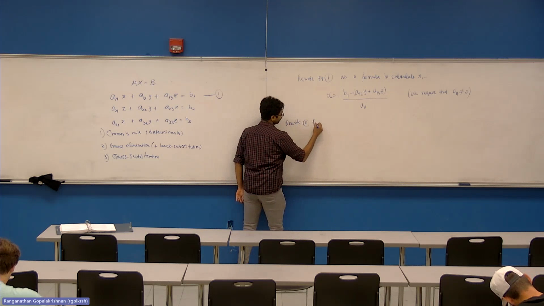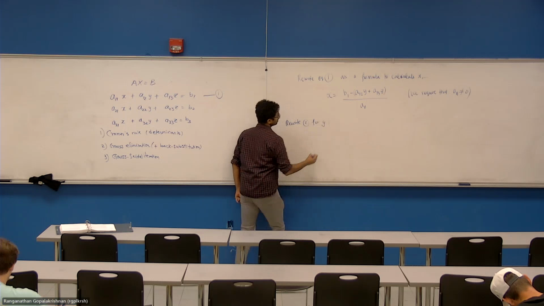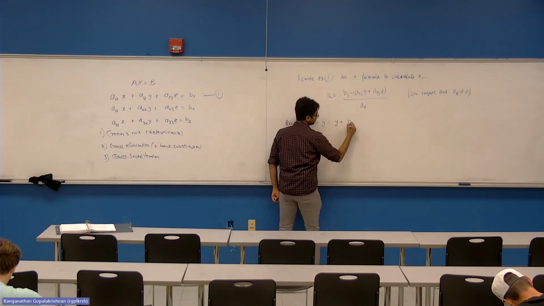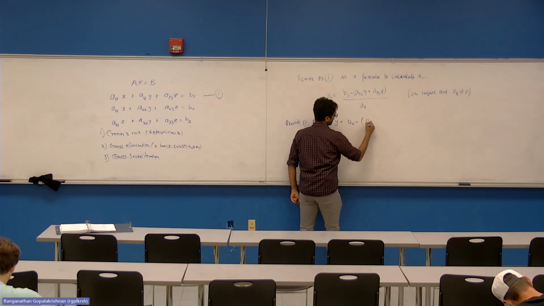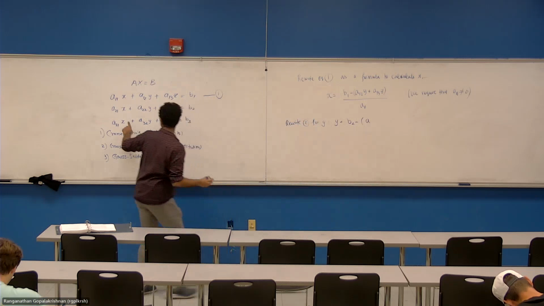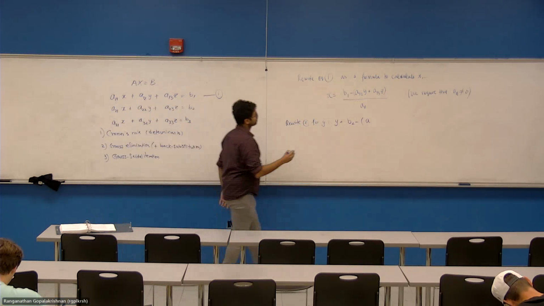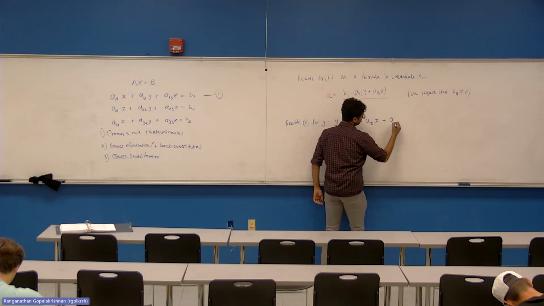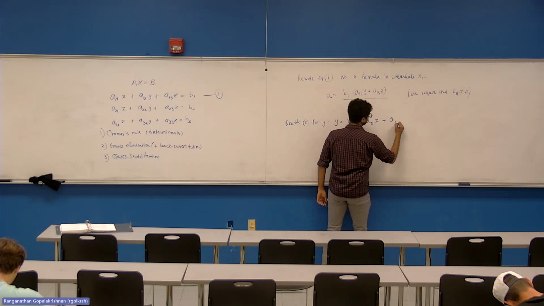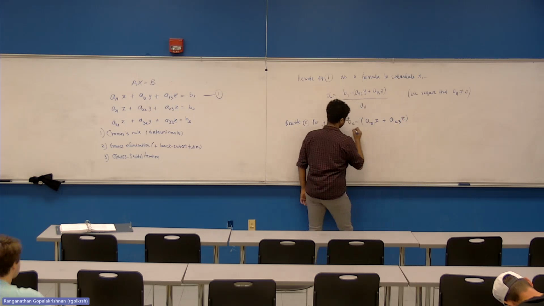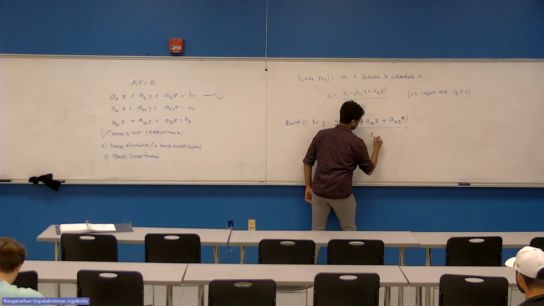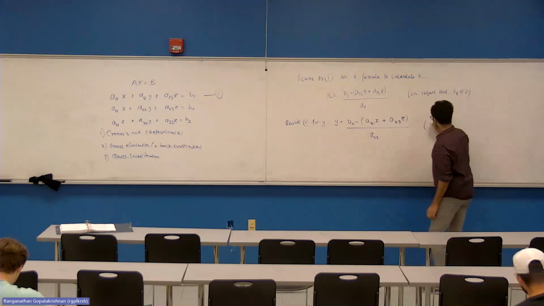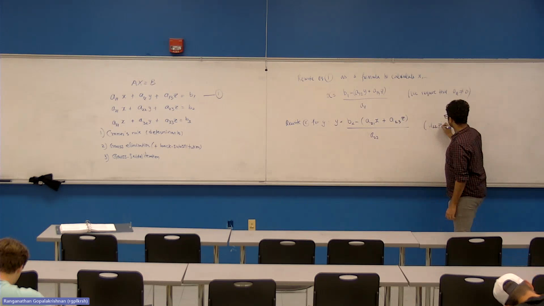And then similarly, we rewrite equation 2 for y. That would be y equals b2 minus a21x minus a23z divided by a22. Again, assuming a22 is not 0.